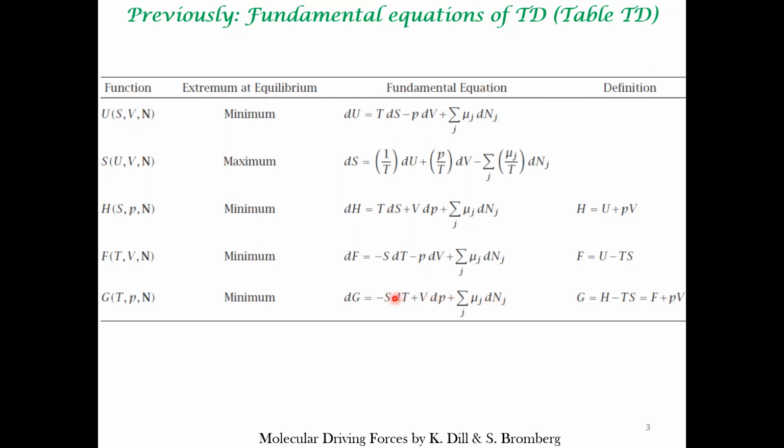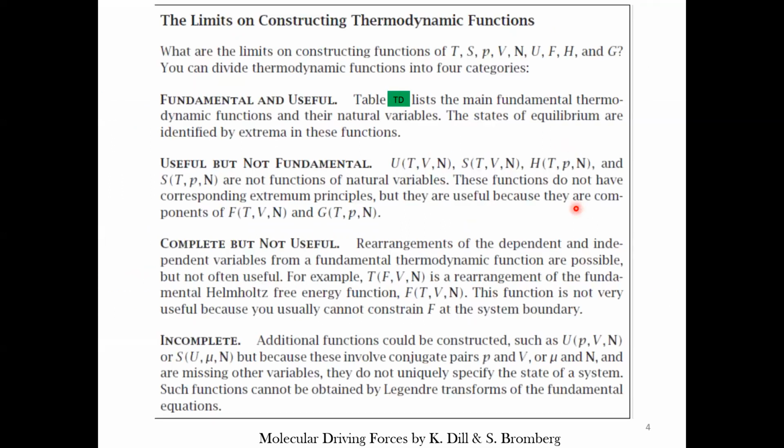So if the experiment is done in a different manner, for example, in this case of keeping temperature constant, volume constant, total number of molecules constant, the relevant thermodynamic function is the Helmholtz free energy. Corresponding to that, there is a different fundamental equation. Okay, so this is a very important table. You should assimilate this.